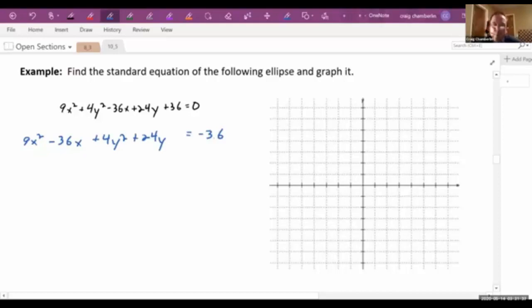And then, do you guys remember what to do? Before I complete the square on the powers of x, what do I have to do? Group x's and y's together. Yeah, I did that. What do I need in front of the x squared to complete the square?